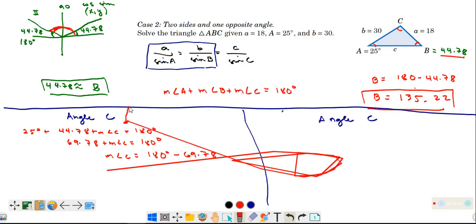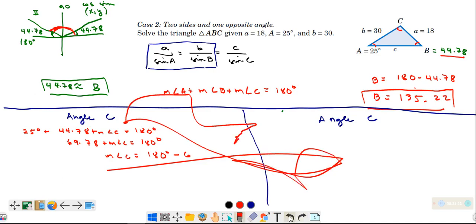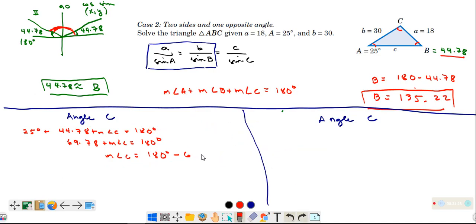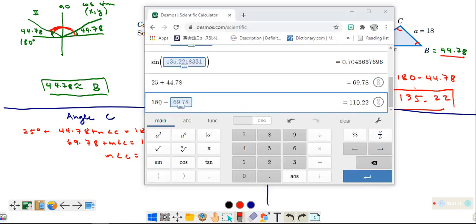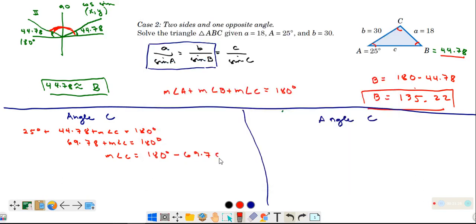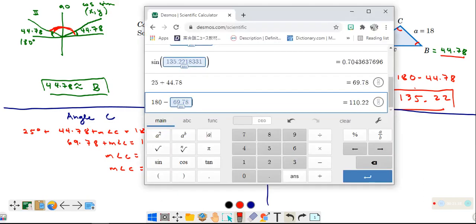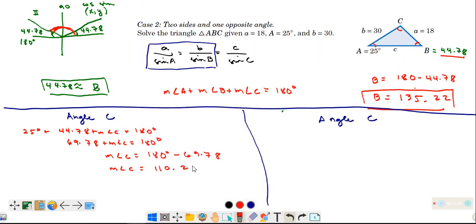So the measurement of angle C is equal to 110.22.